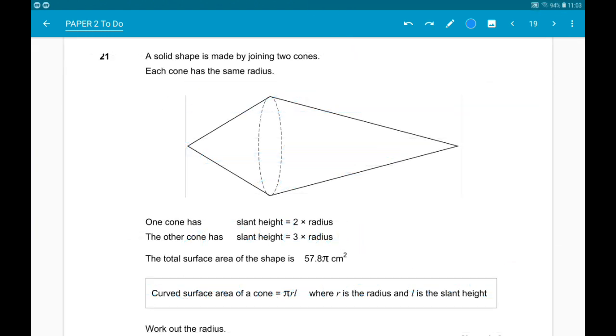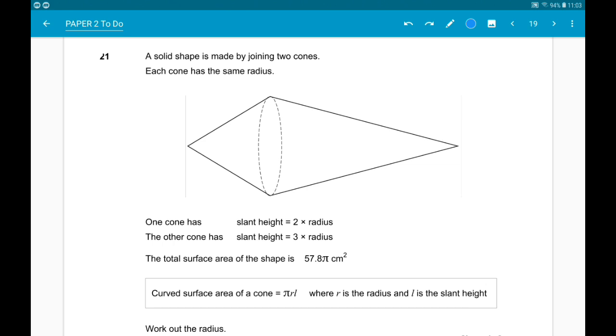Number 21. A solid shape is made by joining two cones. Each cone has the same radius. One cone has a slant height of 2 times the radius. The other cone has a slant height of 3 times the radius.